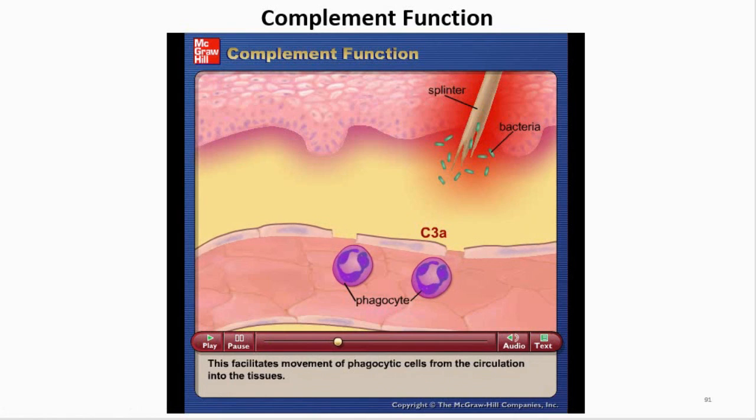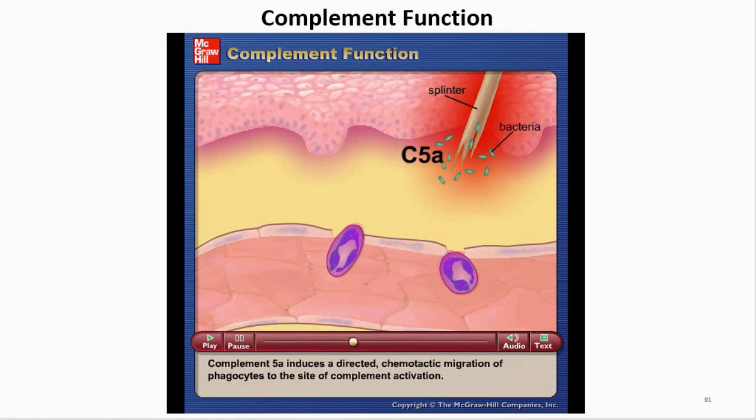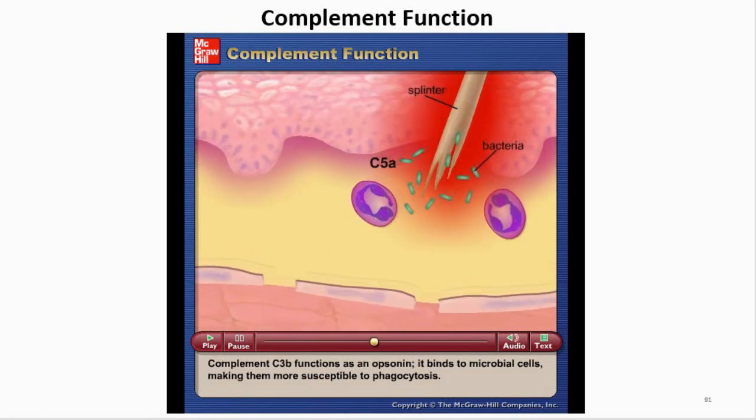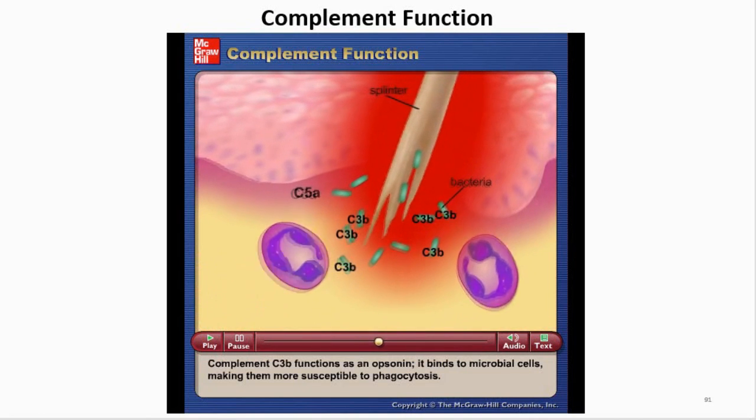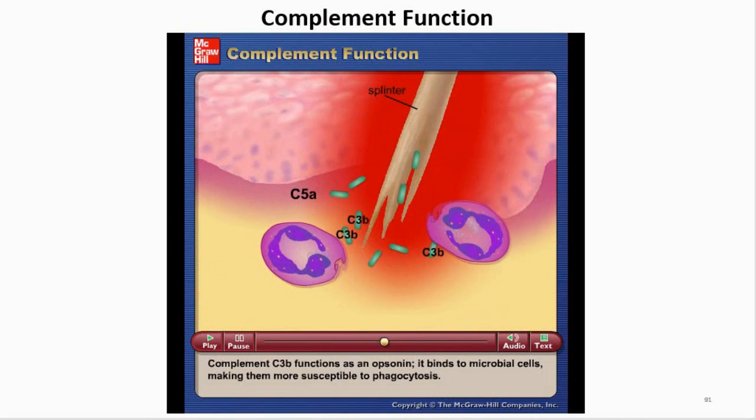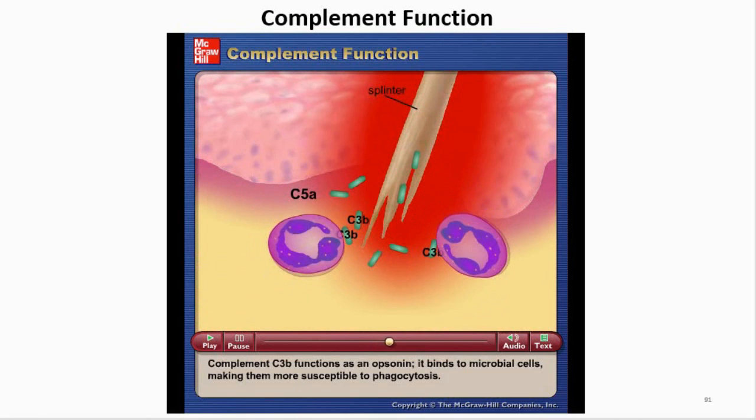This facilitates movement of phagocytic cells from the circulation into the tissues. Complement C5a induces a directed chemotactic migration of phagocytes to the site of complement activation. Complement C3b functions as an opsonin. It binds to microbial cells, making them more susceptible to phagocytosis.